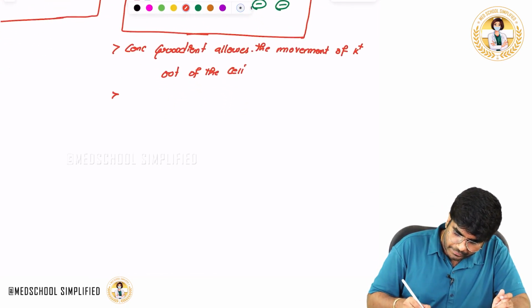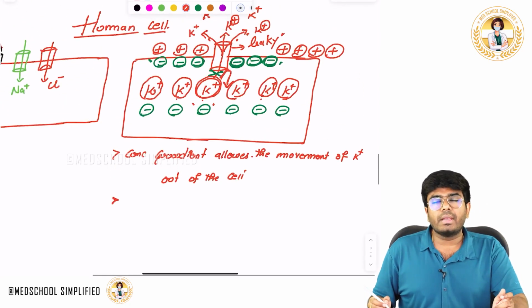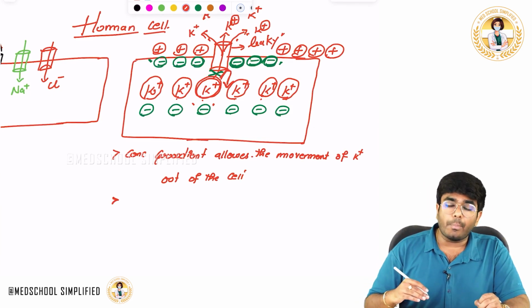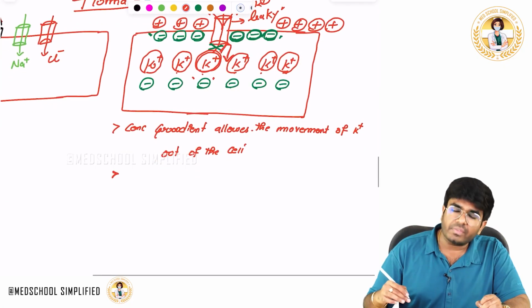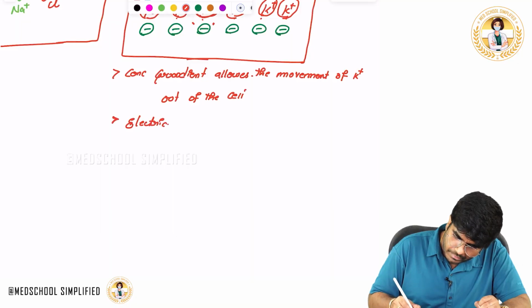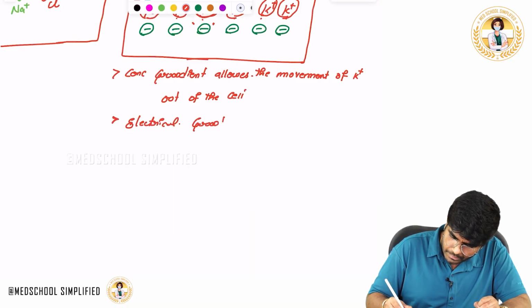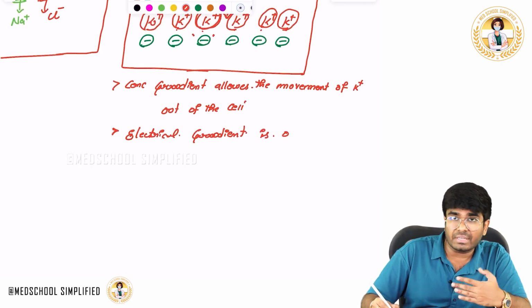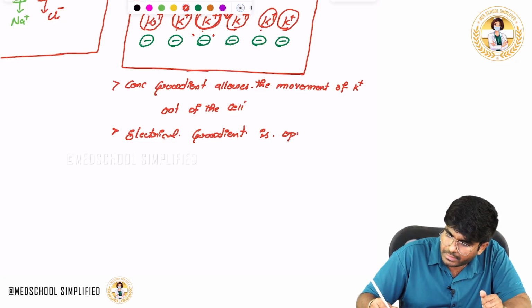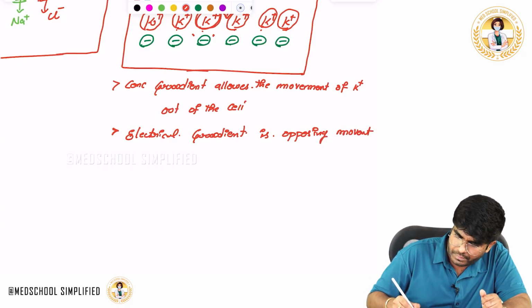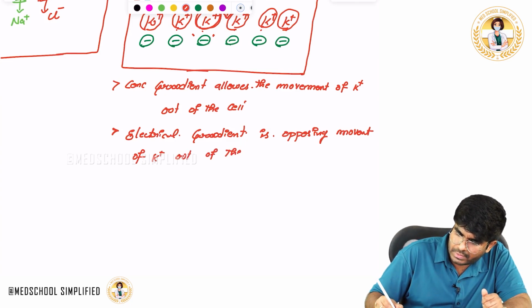Next, what happened finally? Electrical gradient. Now look at the electrical gradient. This negativity is opposing the movement of potassium out of the cell. So the electrical gradient is opposing the movement of potassium out of the cell after some time.